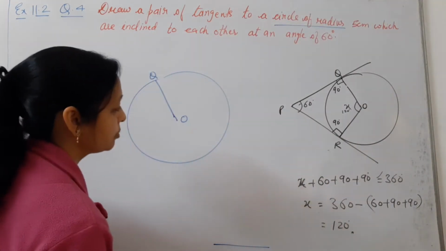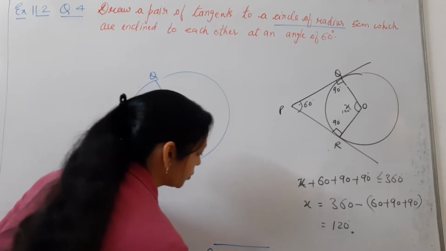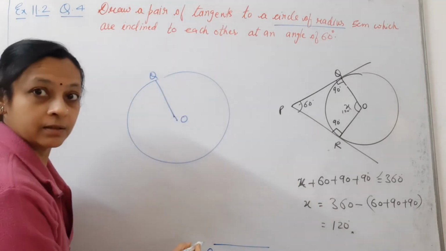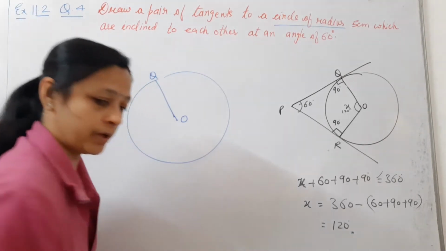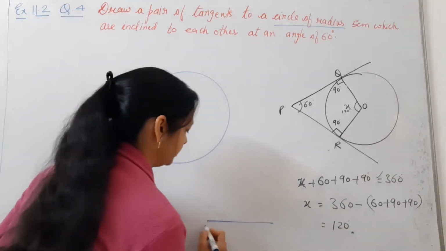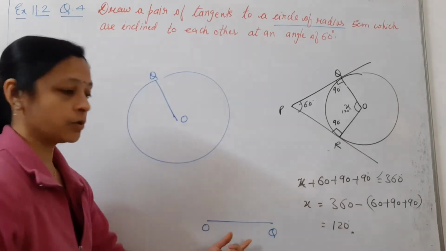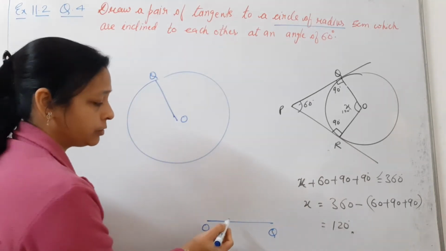How? You know how to construct an angle of 120 degrees on QO. Let me recall your previous knowledge. Suppose this is OQ and you have to draw 120 degrees. How will you do it?